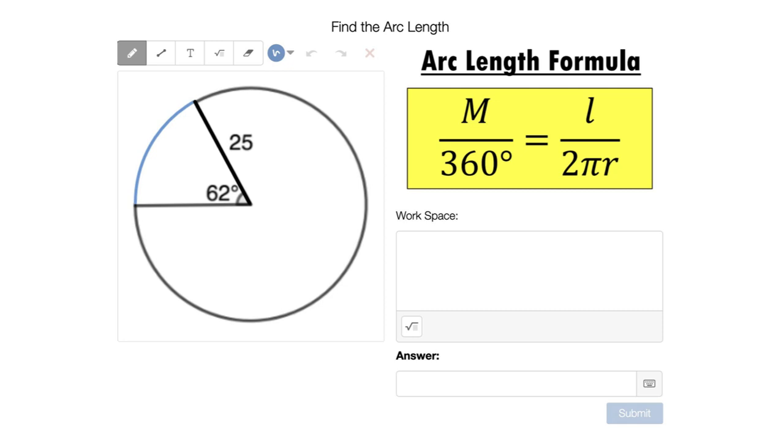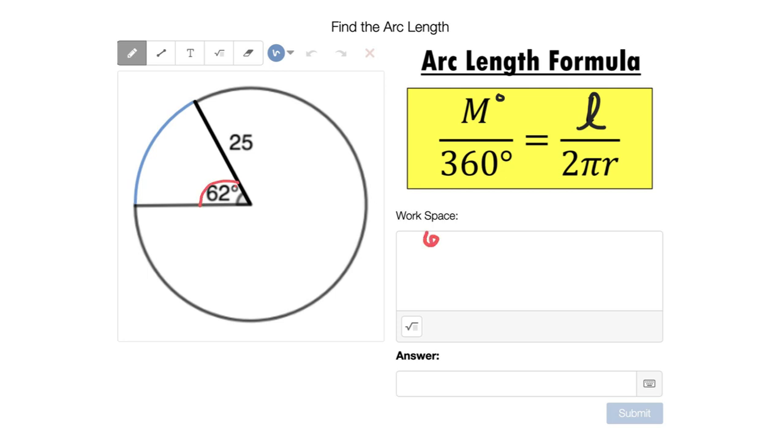So this is the formula I just showed you. Again, I usually use a kind of cursive L for arc length. And you kind of just want to think about it: degrees compares to degrees. This might be inches compares to inches or whatever your unit happens to be. So I look at my picture and I'm like, okay, here's 62.